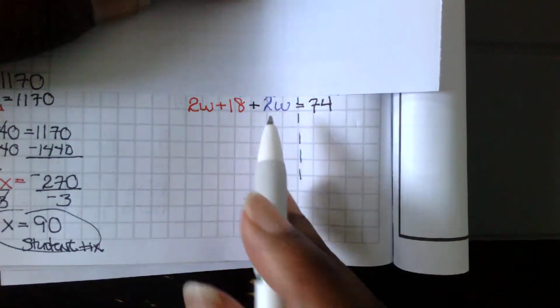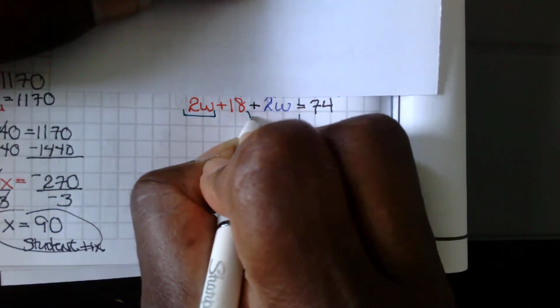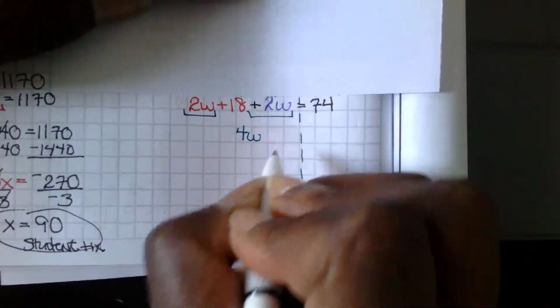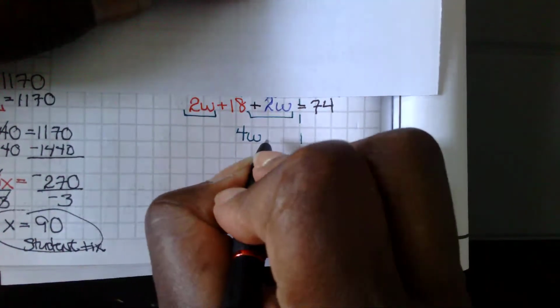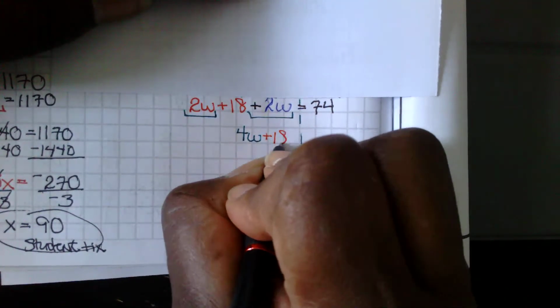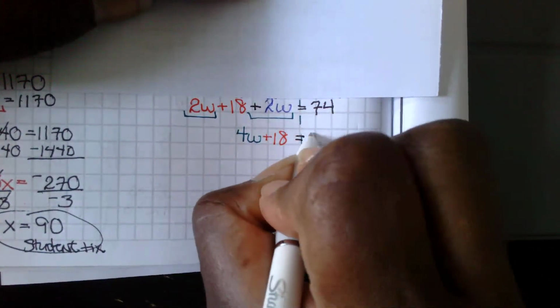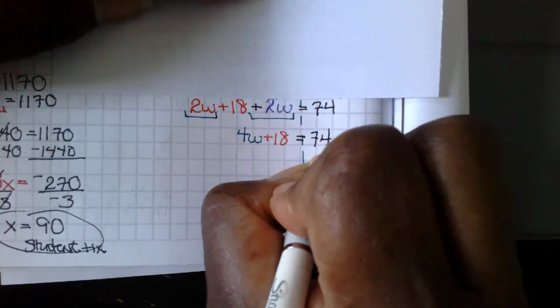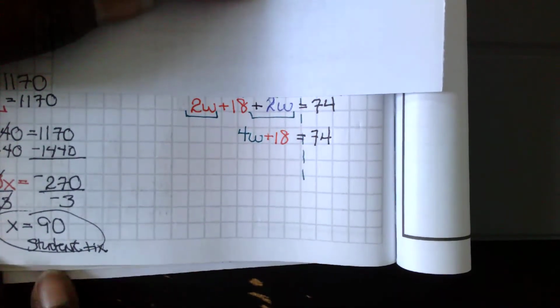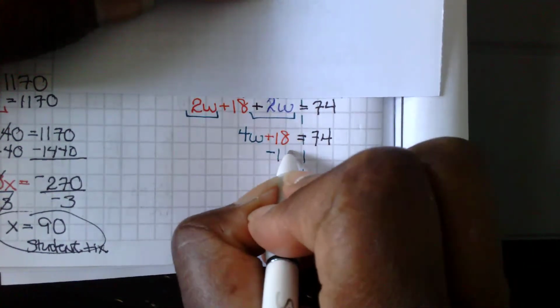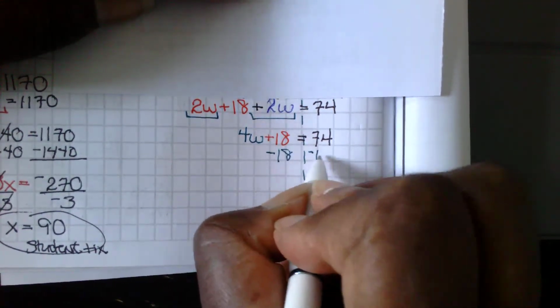If they're on the same side, go ahead and combine them. You got 2W and 2W. So that gives us 4W. Bring down your plus 18 equals your 74. Okay, now we could subtract the 18 on both sides.